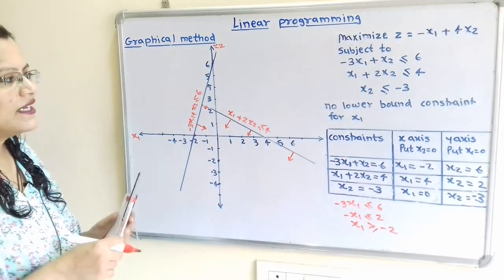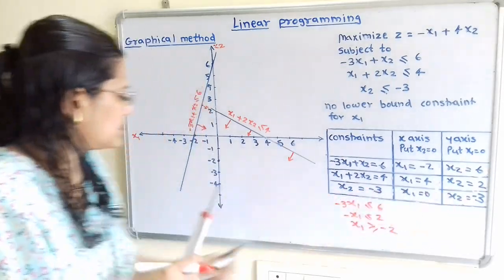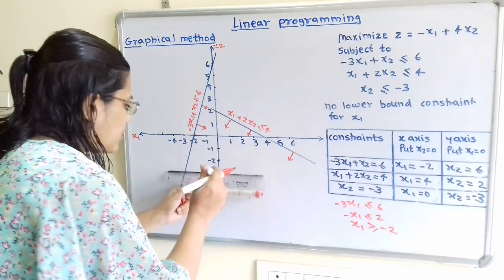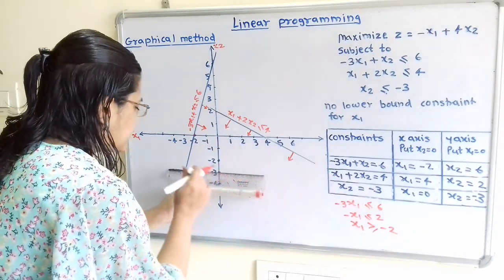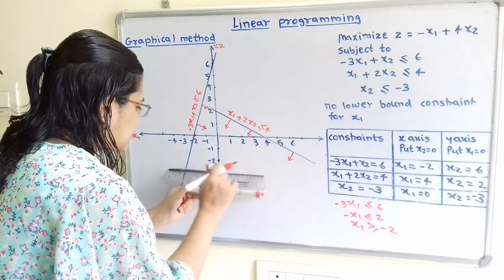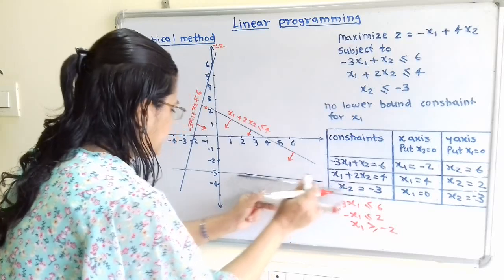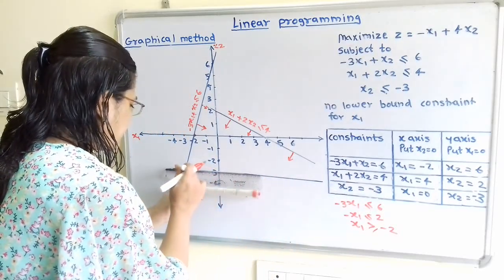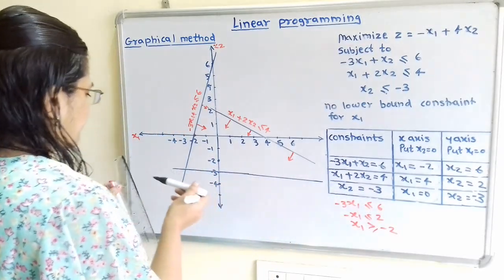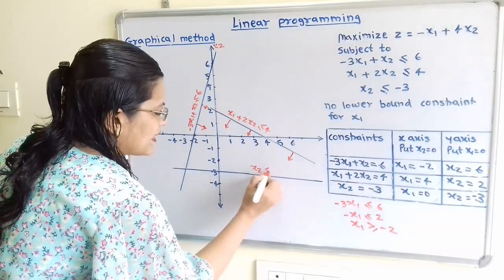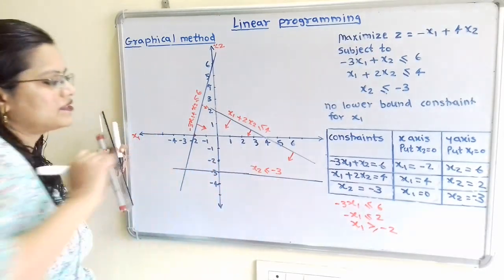Then next, x2 is -3. So here is -3. There is no x1, x1 is 0, so we will just draw one horizontal line. Now I will write x2 is less than or equal to -3.